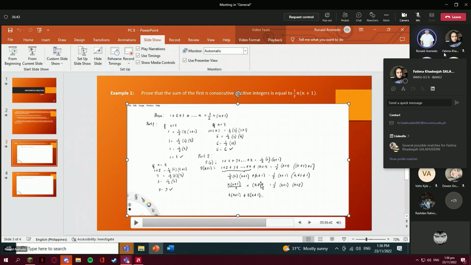So here, walang denominator ang k plus 1. So the denominator is 2. Then you will just multiply this to k plus 1. Then we will have now 2 as the common denominator, the LCD, over k times k plus 1, plus 2 times k plus 1, then over 2.